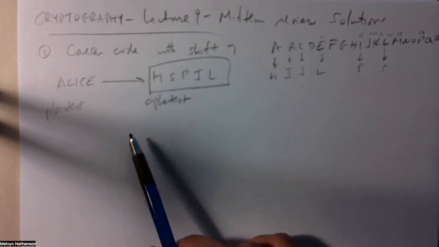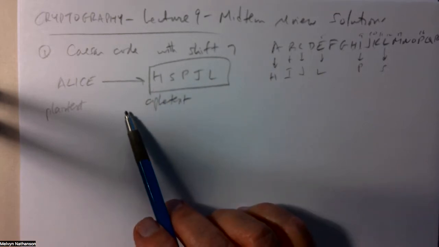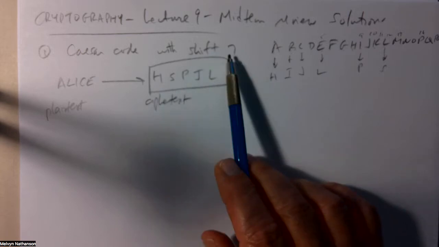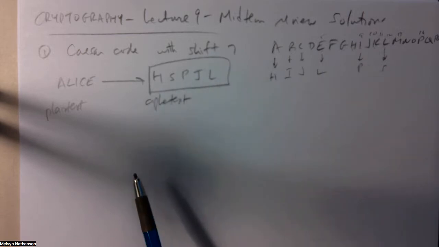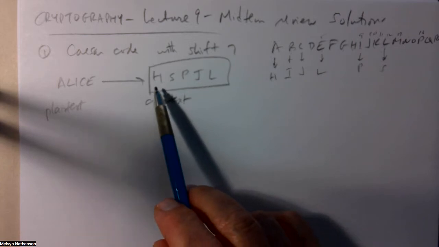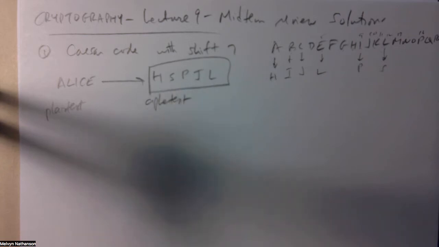So if you wanted to transmit the name Alice using a Caesar code with shift 7, if I did my counting correctly, what you actually send is HSPJL.